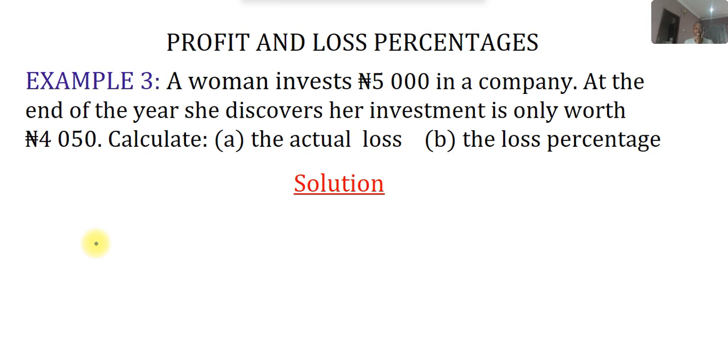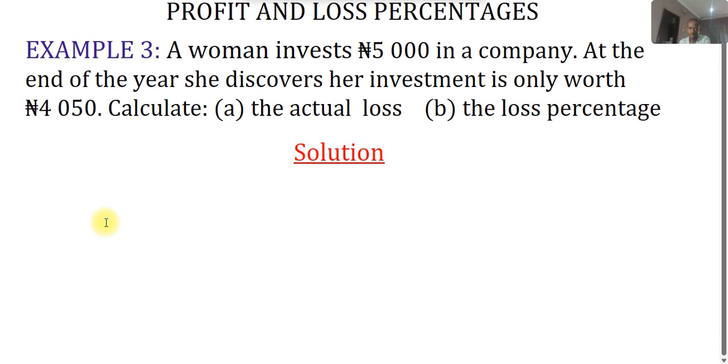Now, at the end of the year, she discovers her investment is only worth 4,050 naira. We are expected to calculate, first, the actual loss, then we also obtain the loss percentage.